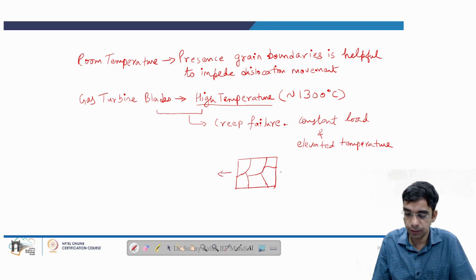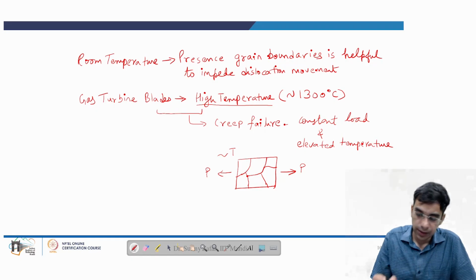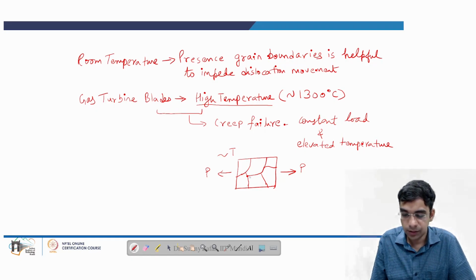So say under influence of the external load P, and of course there is temperature T. So these grain boundaries, what happens? These grain boundaries, under influence of increased load and temperature, there is sliding of the grain boundaries.